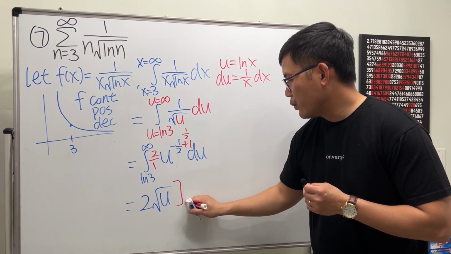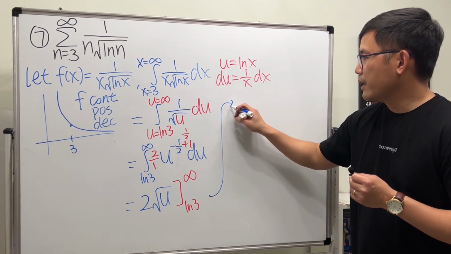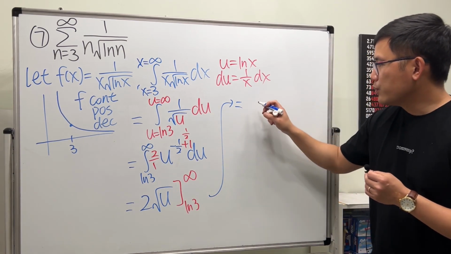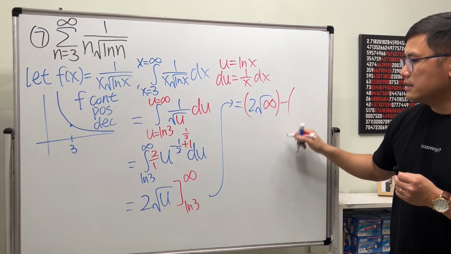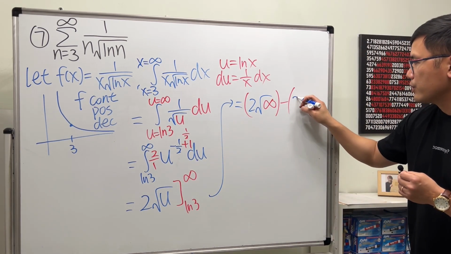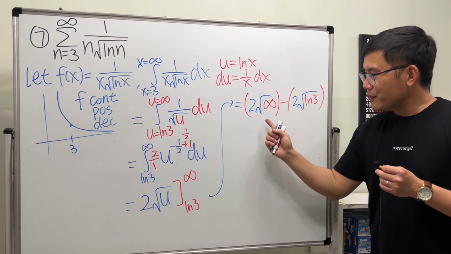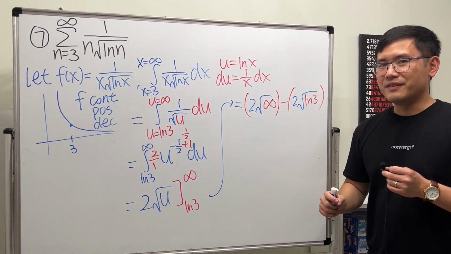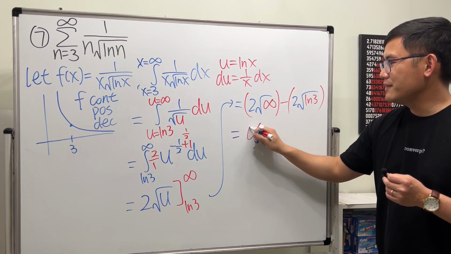And then we are going to be plugging numbers. So plugging infinity first, we get 2 square root of infinity, and then minus plugging ln 3. So 2 square root of ln 3. Now for this, square root of infinity is infinity times 2. We still get infinity. So the first part is infinity.